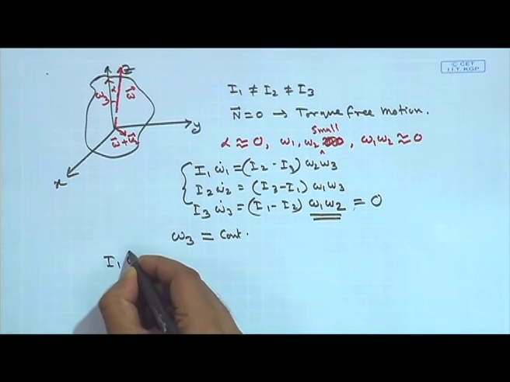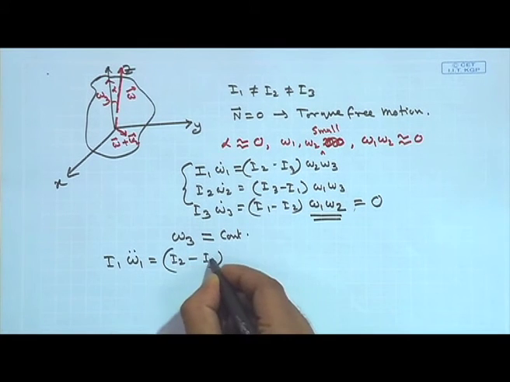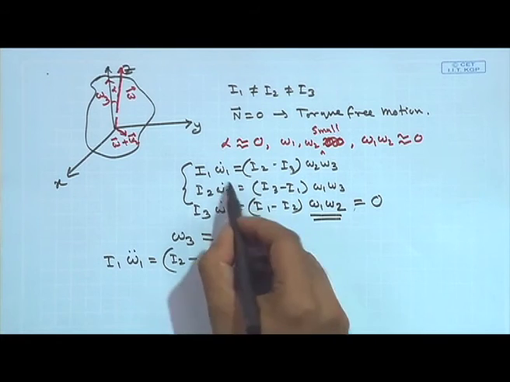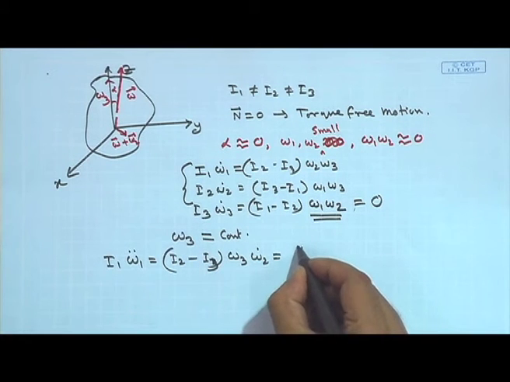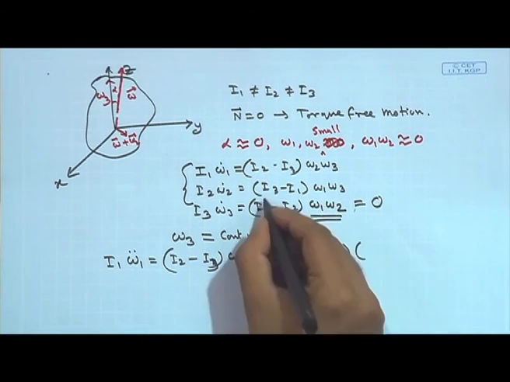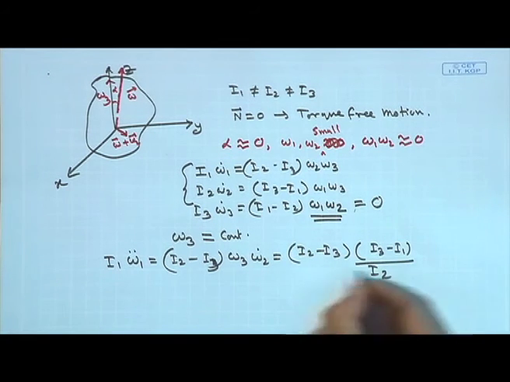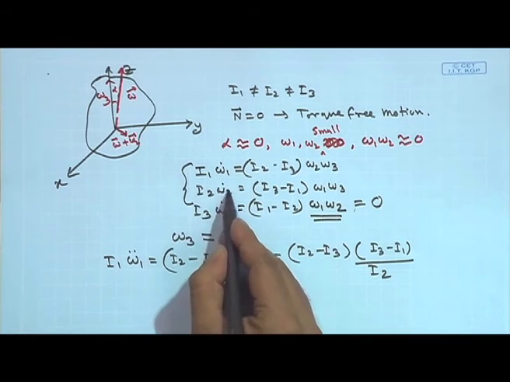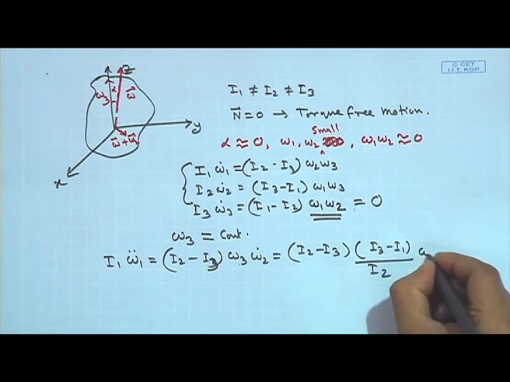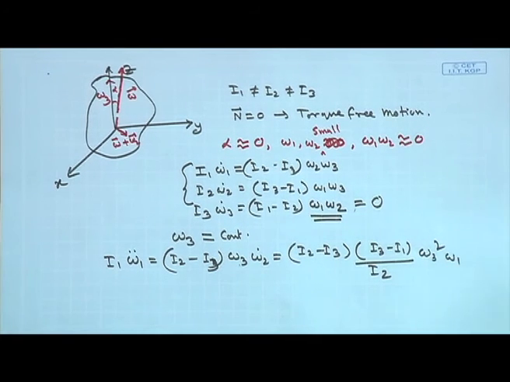We can set omega 1 double dot is equal to I2 minus I3 over I1, omega 3 omega 2 dot. Now omega 2 dot will be I2 minus I3 multiplied by I3 minus I1 divided by I2. Okay, that is the value of omega 2 dot from this equation, and also omega 3 here will give you omega 3 square, right? And of course there is omega 1.